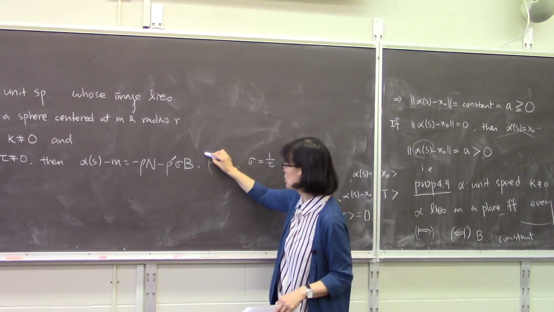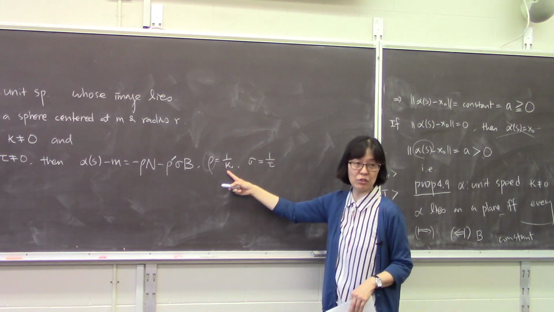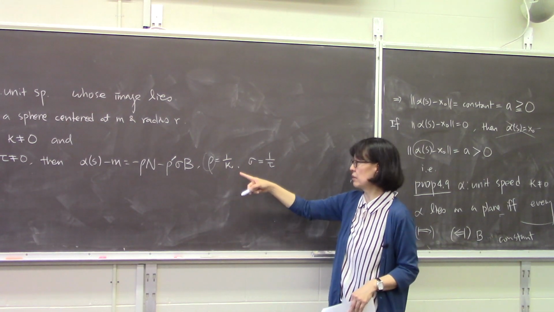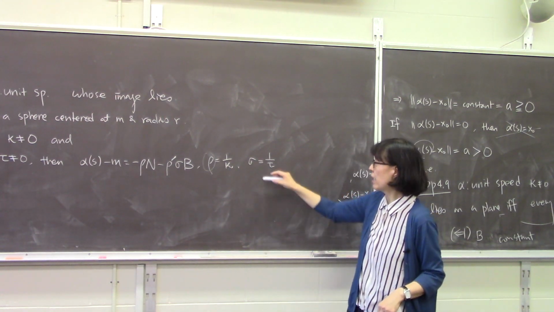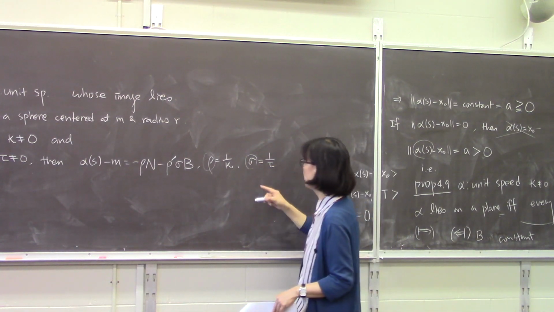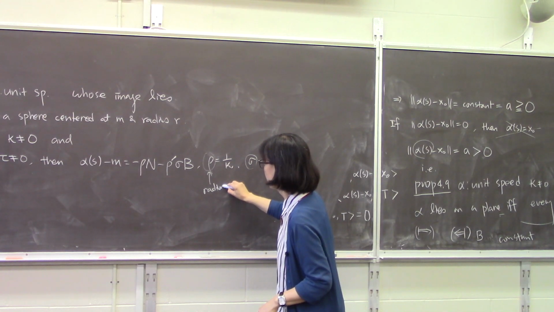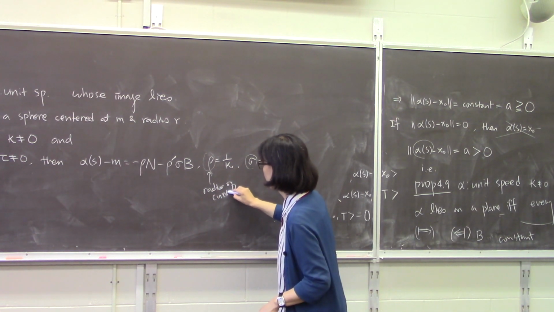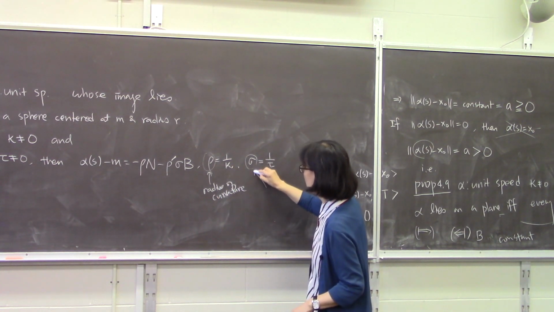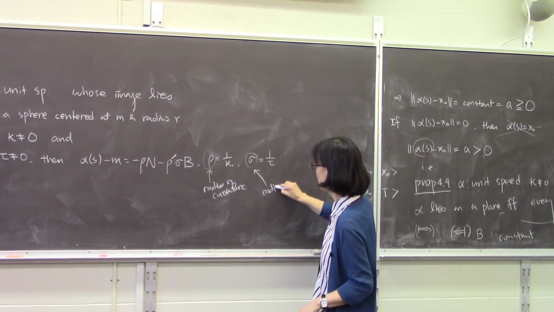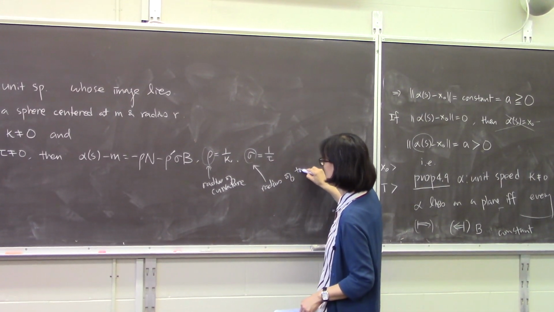We call this rho the radius of curvature because it is 1 over k, and that is the radius of torsion.